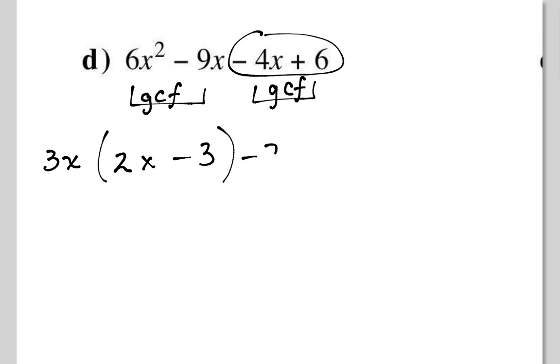So take out a negative 2, and then what happens to those signs? They change. If we took out a positive 2, that would say negative 2x plus 3, which is not the same as this first term. And you wouldn't have this nice next step.